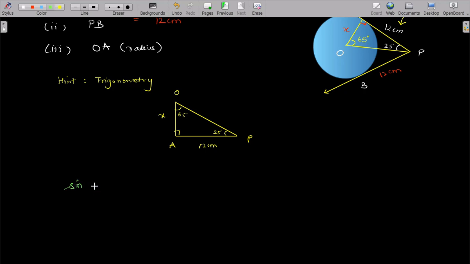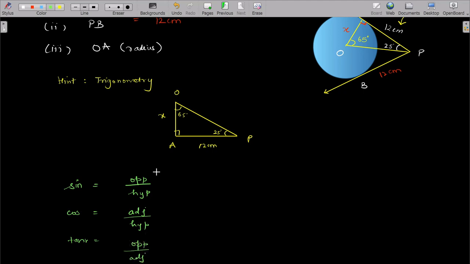Yes. Okay, so sine is opposite over hypotenuse. Cosine, adjacent over hypotenuse. And then tan is opposite over adjacent. Yes.